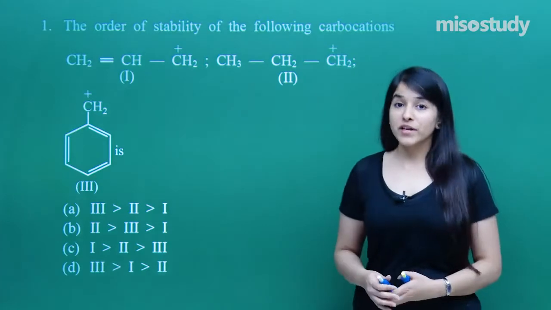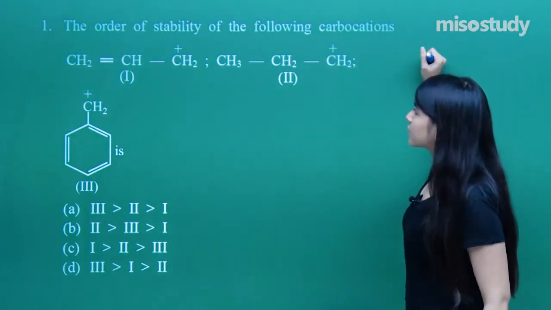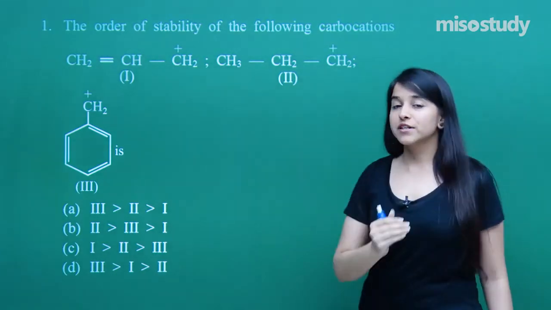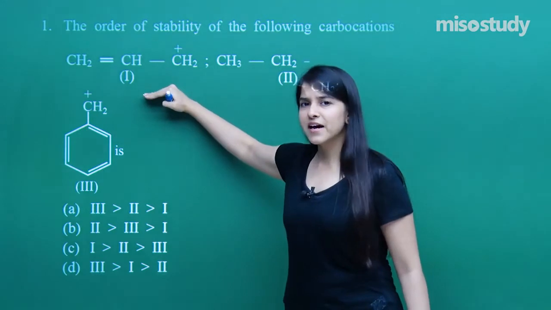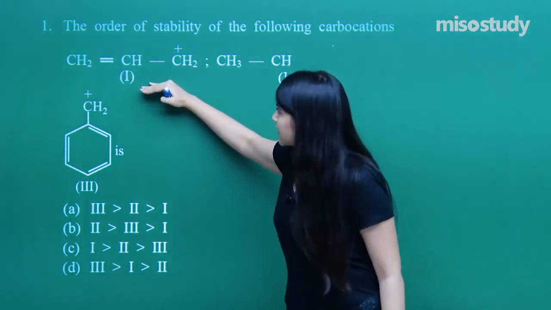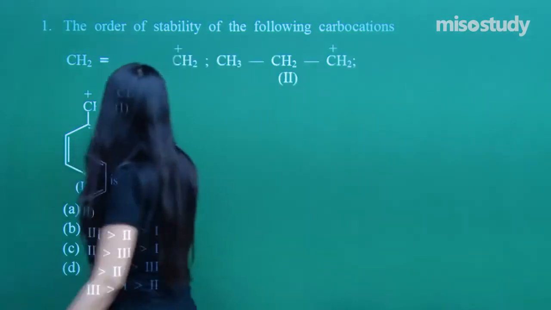The question says the order of stability of the following carbocations. What kind of carbocations are we given? Can you recognize this carbocation? This is an allylic carbocation.